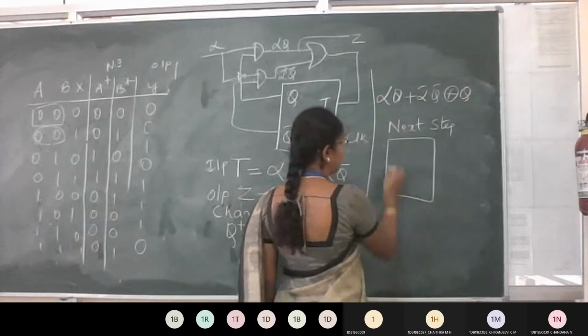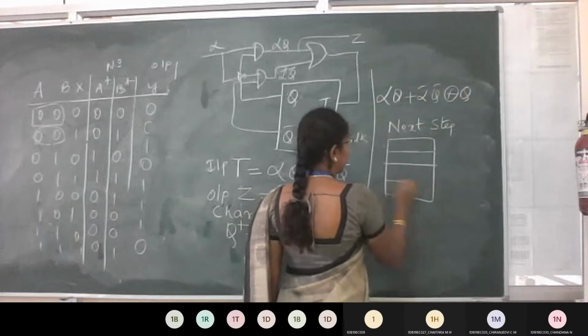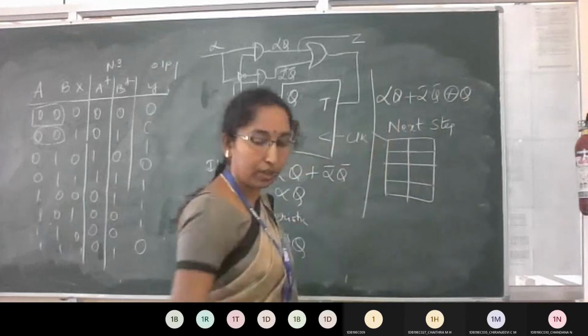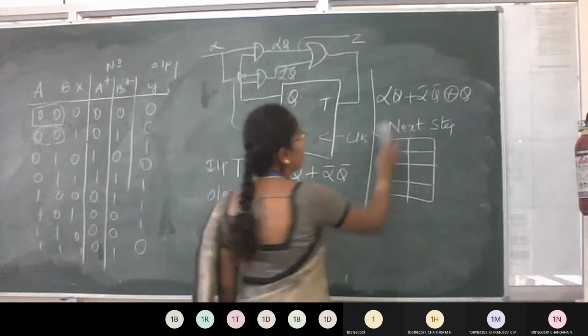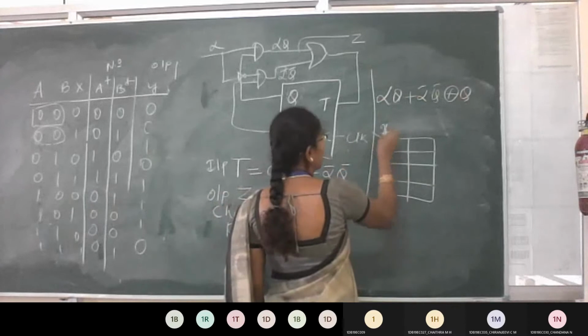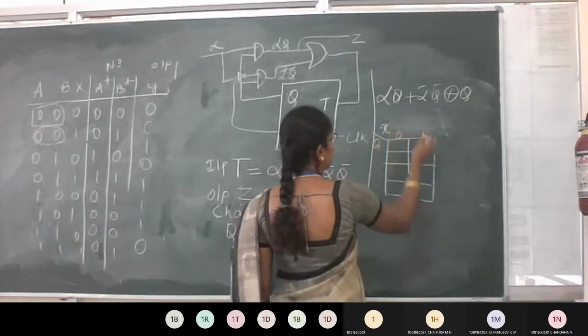It's not a K map, we are just taking Q and X values, to find out what the values are when X is 0 and 1.